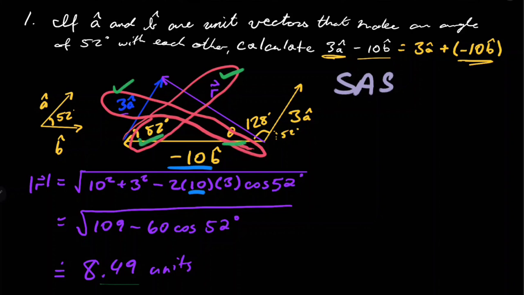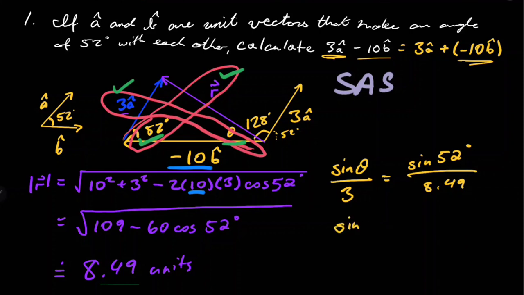So when I write out my sine law, I'm going to put my unknown value at the top so I can isolate it faster. So that the opposing magnitude of that angle is 3, and the other one is 52 degrees over the magnitude of our resultant vector, which we found to be 8.49 units. We need to isolate for sine theta to be able to use the inverse of sine theta.